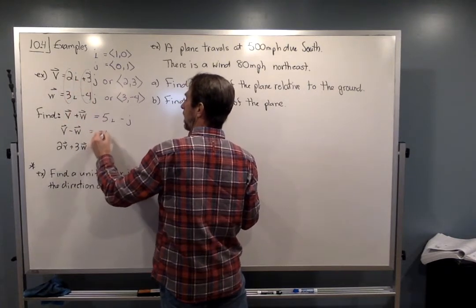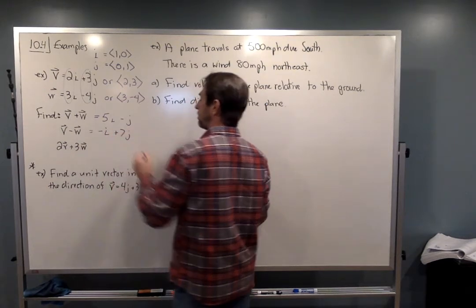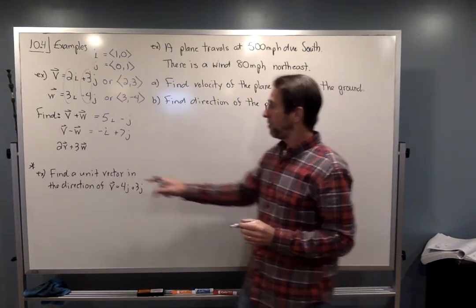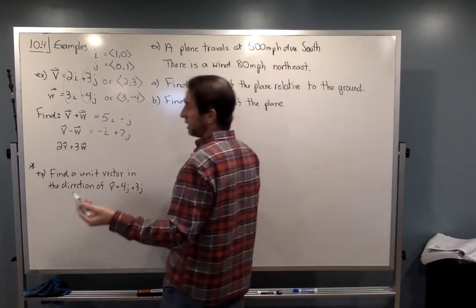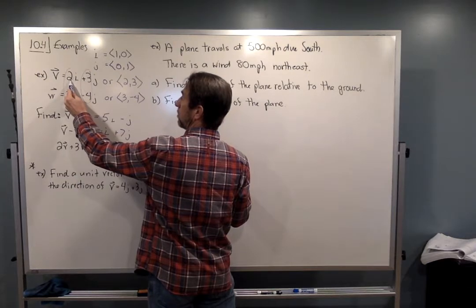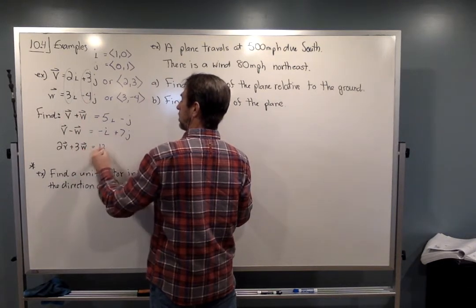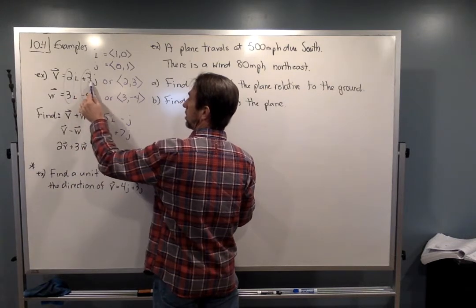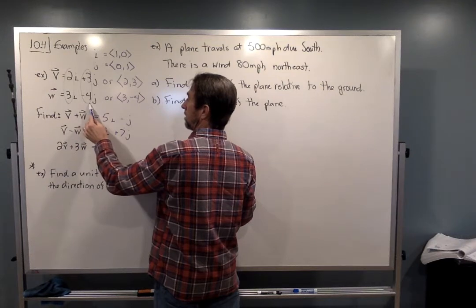So it's negative i. That minus that is going to be 7j. And then finally, if you want to double v and add it to 3 times w, you might guess that twice that is going to be 4. 3 of that is 9. So we get 13i. We take twice that, would be a 6. 3 times that is negative 12.